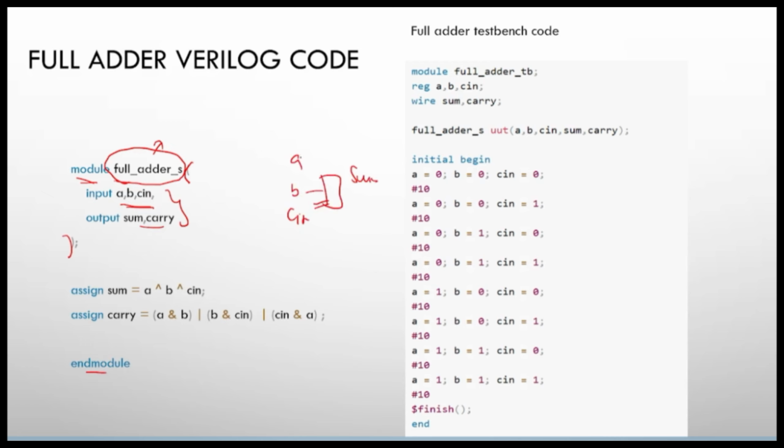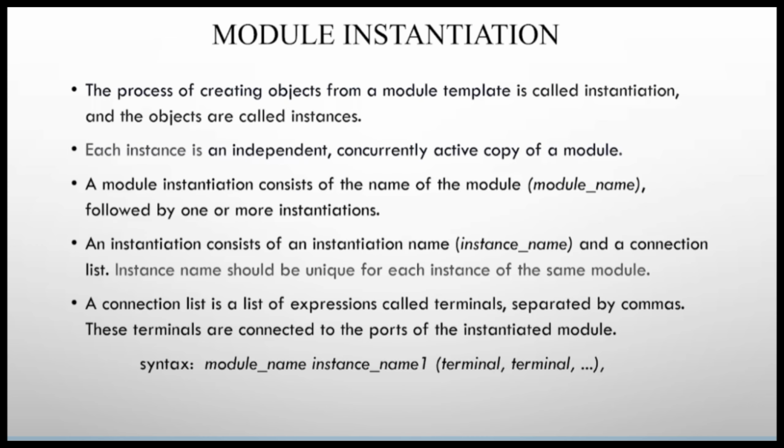Is it or not? So the 3 inputs and 2 outputs are also mentioned within the module and end module, and this is the logic, which is the implementation, and end module, right? So in this way, any code you are going to write, you will be writing within the module and end module.